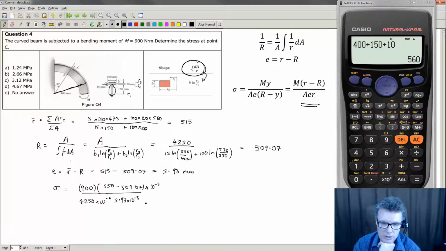And my little r is, I think, 550 times 10 to the minus 3.